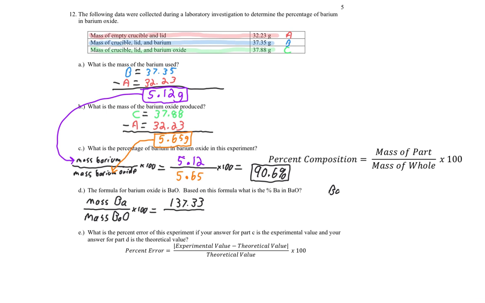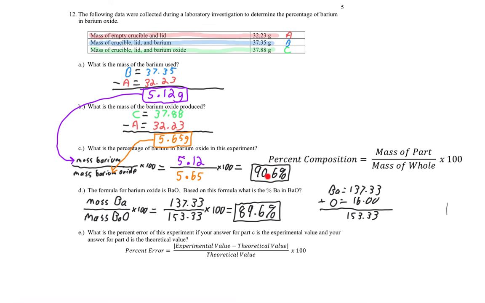It is second from the bottom. BaO is the mass of barium, 137.33, plus the mass of oxygen, which is 16.00. That gives me 153.33. I now divide 137.33 divided by 153.33, and then multiply by 100, and I get 89.6%.